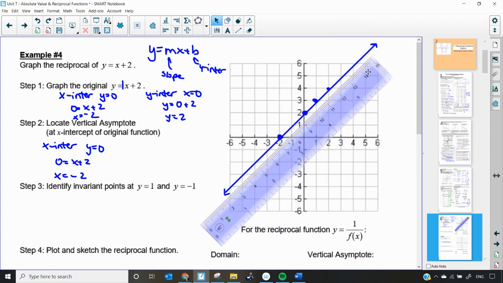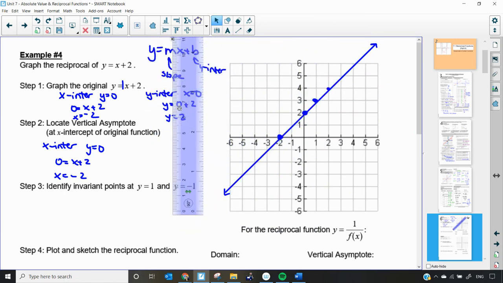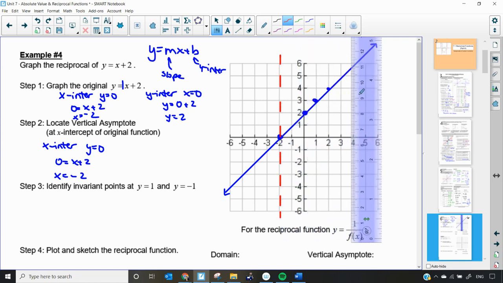So what I would do is I would take my ruler, and I would draw a vertical asymptote at x equals negative 2. And I would draw this as a dotted line. And I would label that VA at x equals negative 2. So the first step is to graph our original function. Then we locate our vertical asymptote.